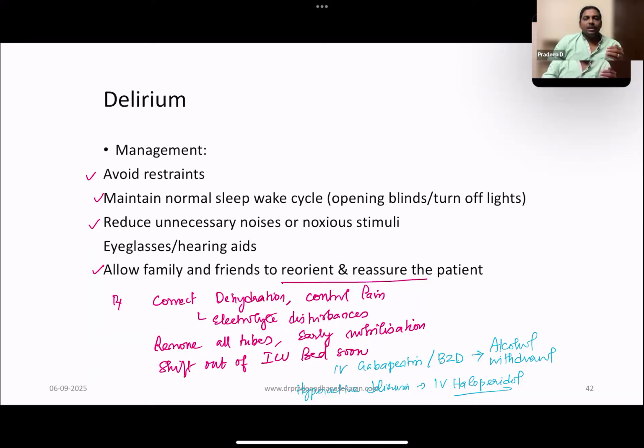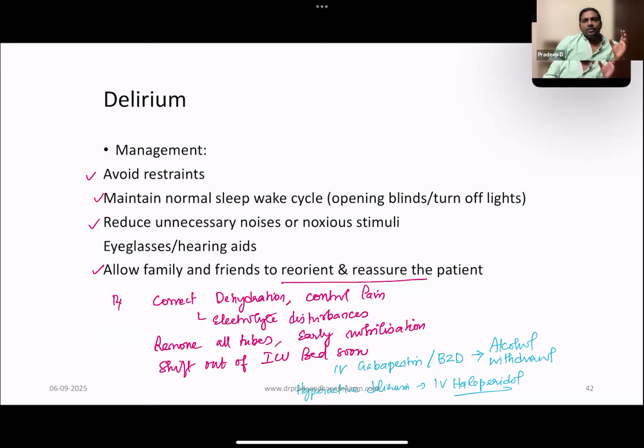You allow the family and friends to reorient and reassure the patient. Apart from these routine measures, you always rule out the organic causes for delirium. You try to correct the sugar, correct the dehydration, control the pain, correct the electrolyte disturbances, etc. Try to remove all tubes at the earliest so that the patient feels normal. Early mobilization, and support of the ICU bed soon.